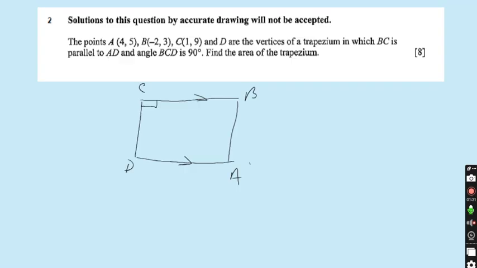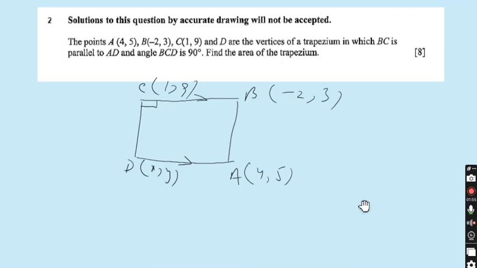Now coordinates of A are given, 4, 5. Coordinates of B is minus 2, 3. Coordinate of C is 1, 9. Coordinate of D is unknown, so assign the name of coordinate, D is x, y or anything else.